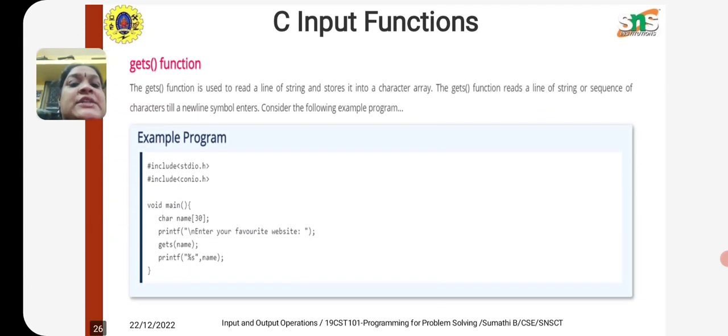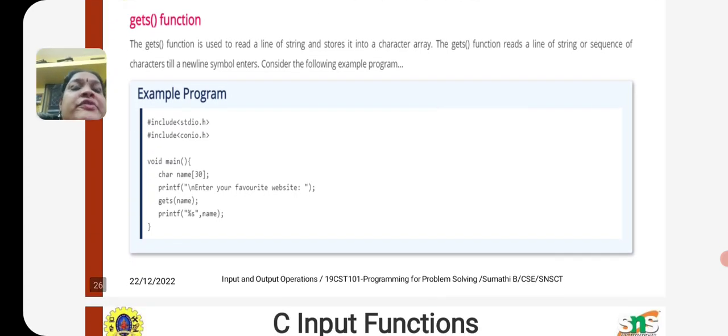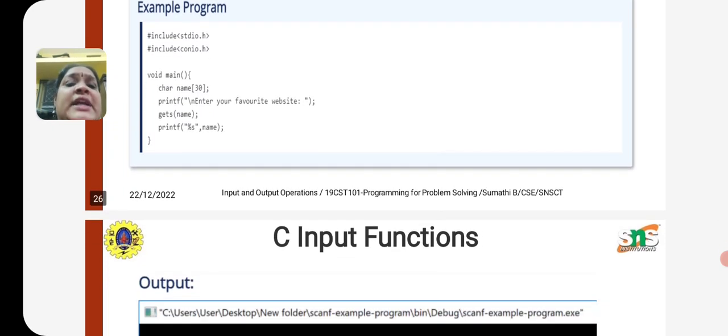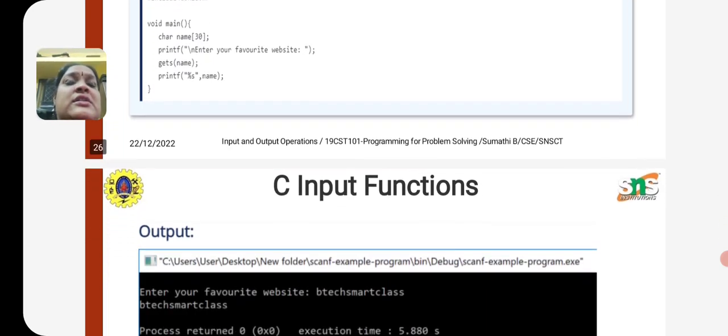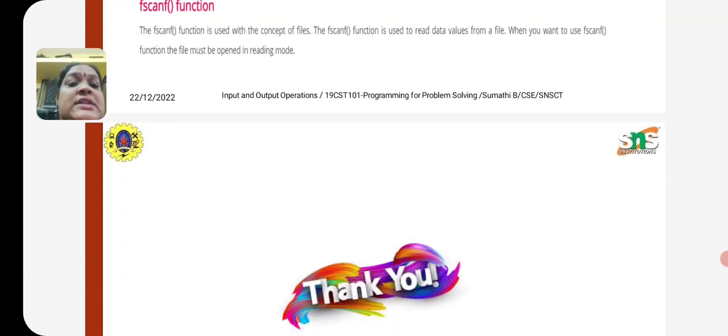The next is the gets function. gets is used to read a line of string and store it into a character array. If I declare a name with a size of 30, I read this name with gets and print it; until the null character, it will read the whole string sentence.